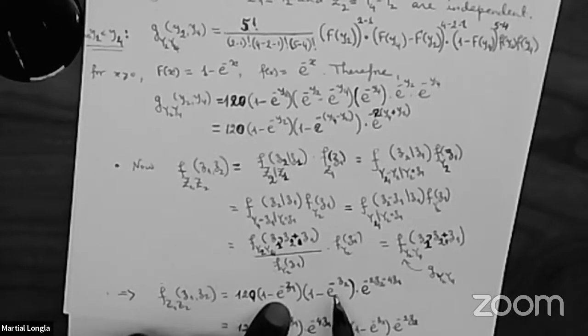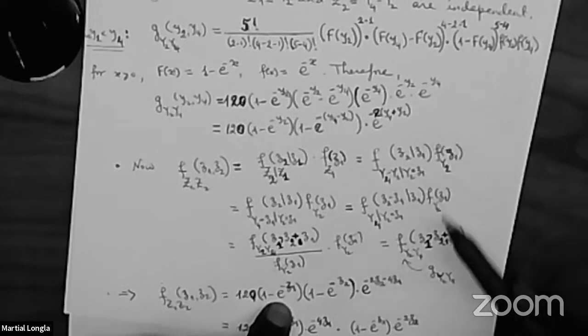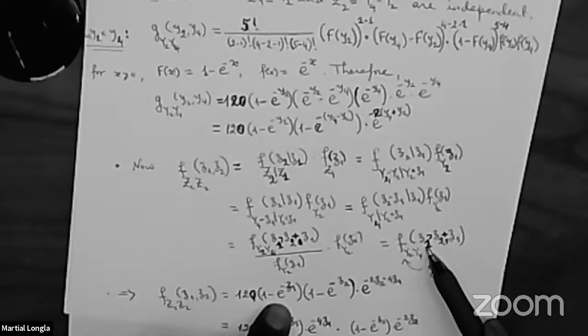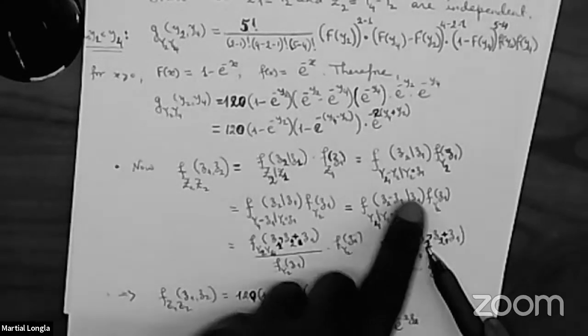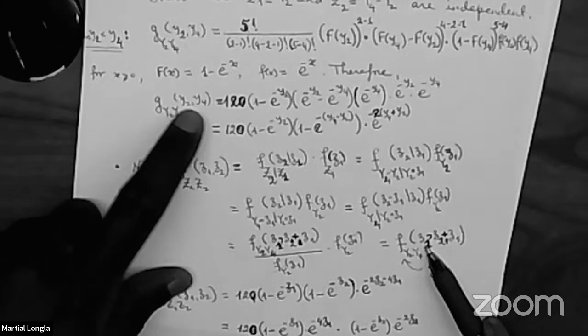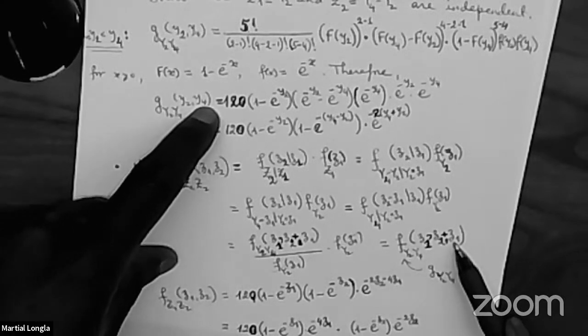Therefore, if this is true, then f of Z1, Z2 of little z1, little z2 equals, and I replace, therefore, in the formula that we got here, z1 stands for the first component inside that. So z1 is going to go in for y2, and z2 plus z1 is going to go in for y4.